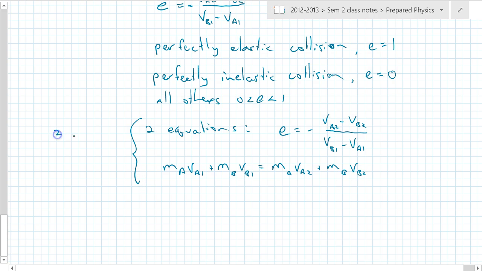Which means we can find two unknown velocities.